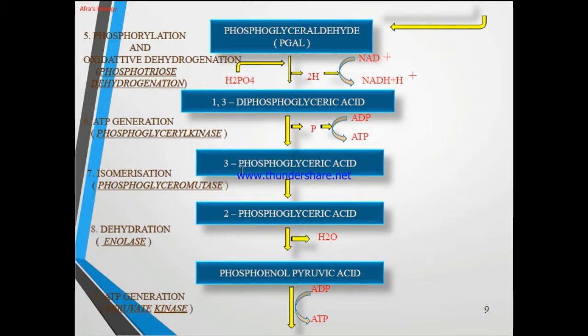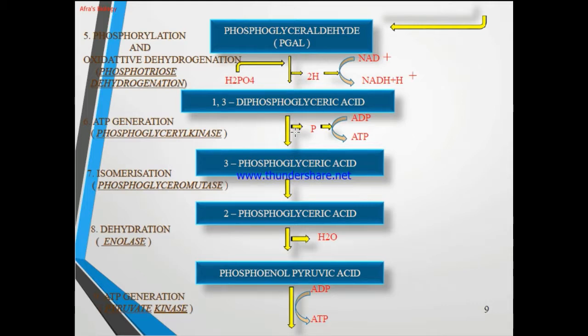Now the next step. The reaction is catalyzed by the enzyme we call phosphoglycerate kinase. Just remember that where phosphorylation or dephosphorylation takes place, an enzyme we call kinase is used.